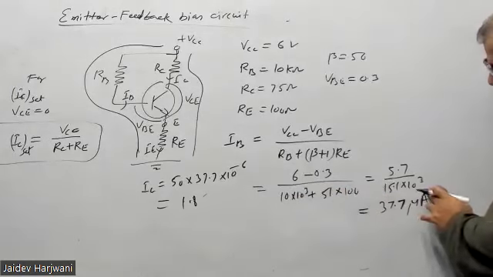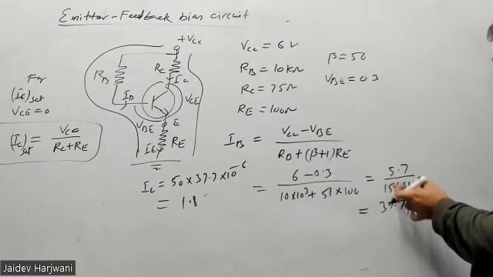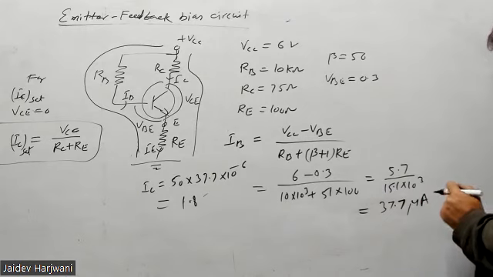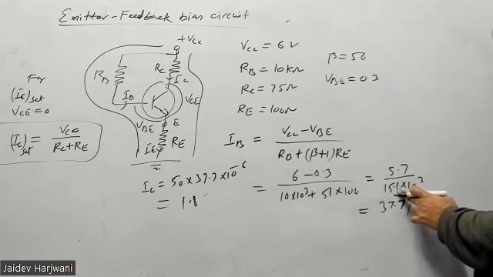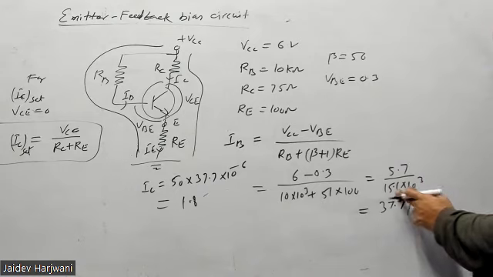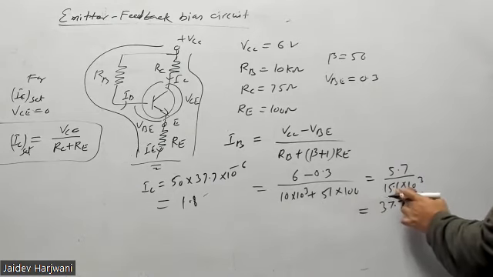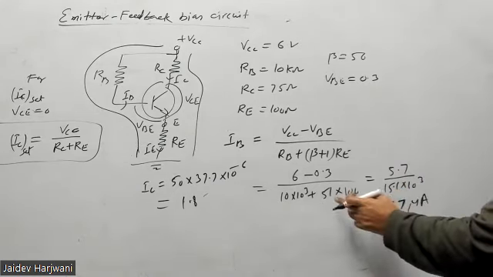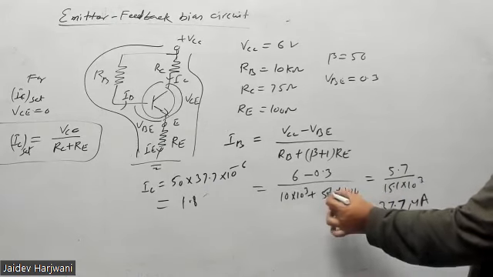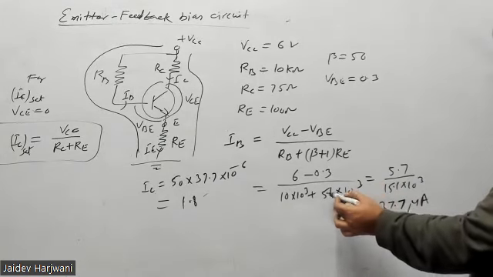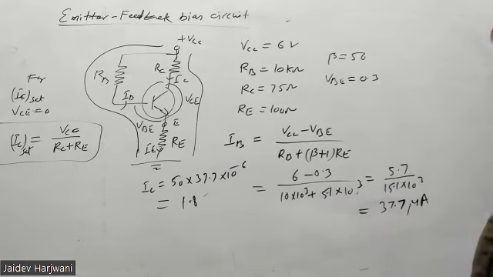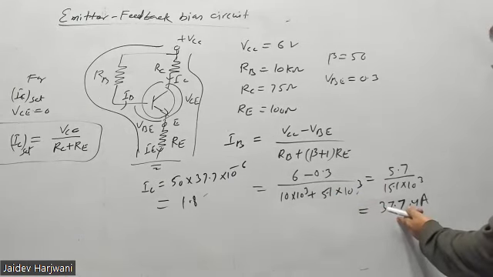So 15.1 kilo ohm. Now divide 5.7 by 15.1. This is 5.1 kilo ohm. Right, 0.377 milliampere. Yes, this is correct.